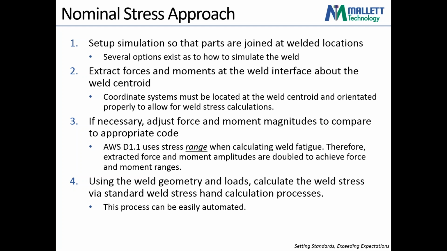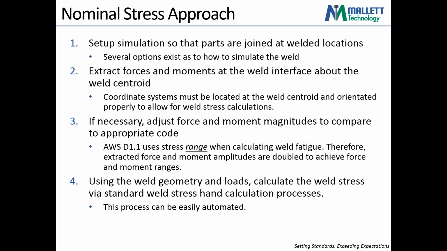So then step 3, if necessary, we will adjust the extracted force and moment magnitudes to compare to the appropriate code. Generally, the only time we see this here at Mallett is if we're comparing to a fatigue case to AWS D1.1, because AWS D1.1 uses a stress range, and what we extract from ANSYS is a stress amplitude, right?